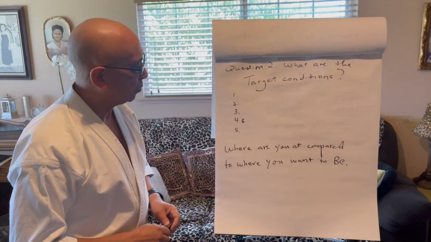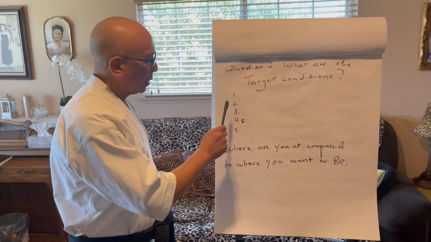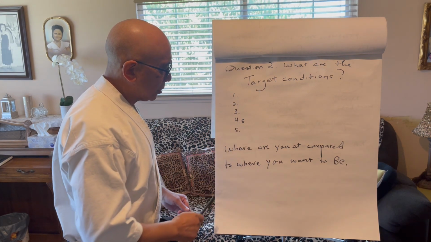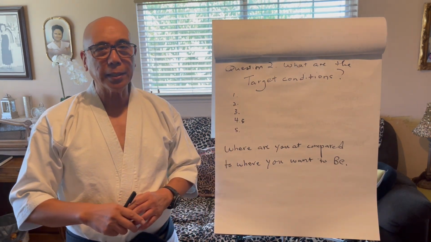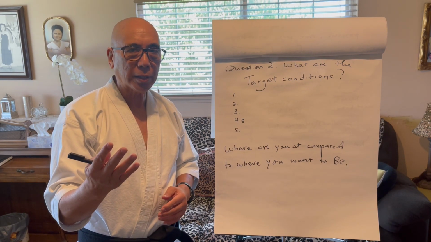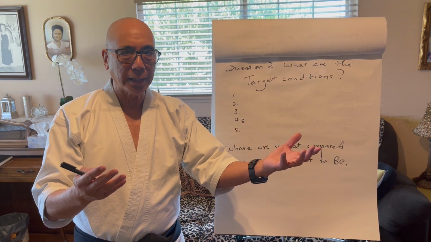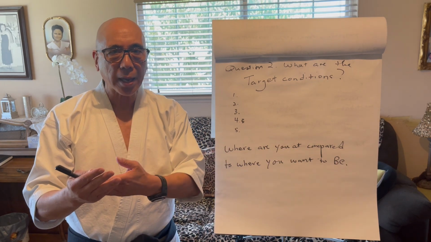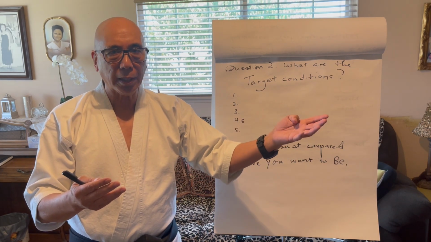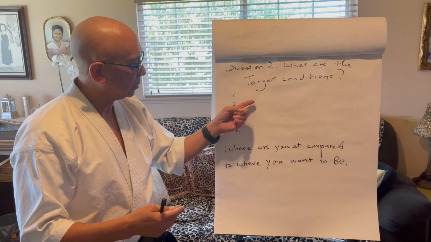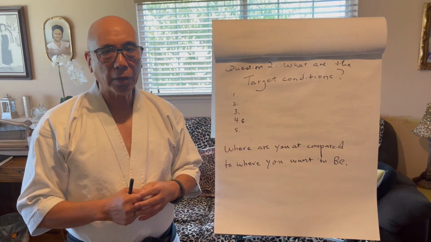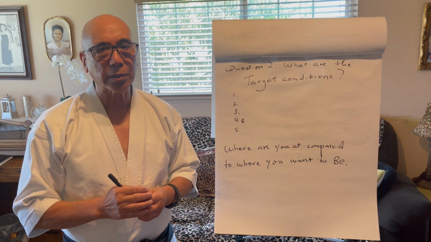Question number 2, what are the target conditions? You want to list those conditions. What we're looking at is the current conditions and the target conditions, where you are and where you want to be. Say that your current condition is that you have employees that are not trained.